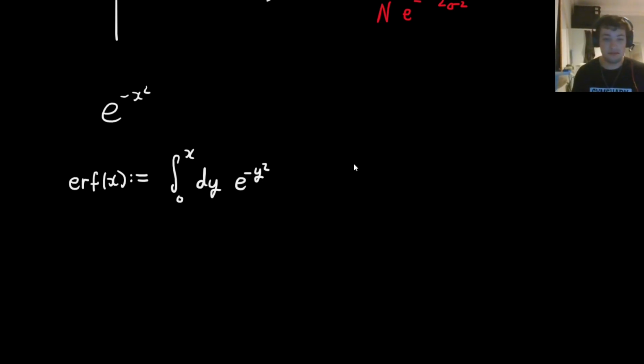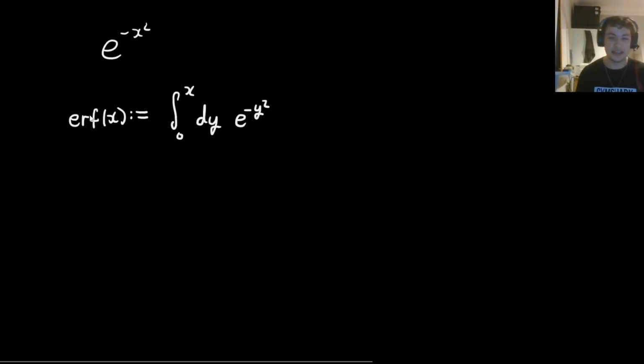What does this error function look like? Well, we can't write it out in terms of elementary functions, so that's basically constant functions, polynomials in x, trigonometry, exponentials. Other things are called special functions, and so erf is a special function, defined by this equation.